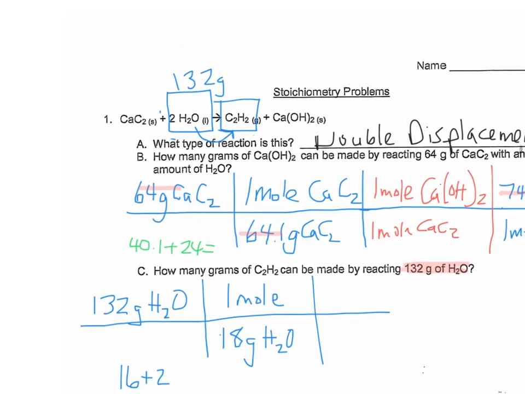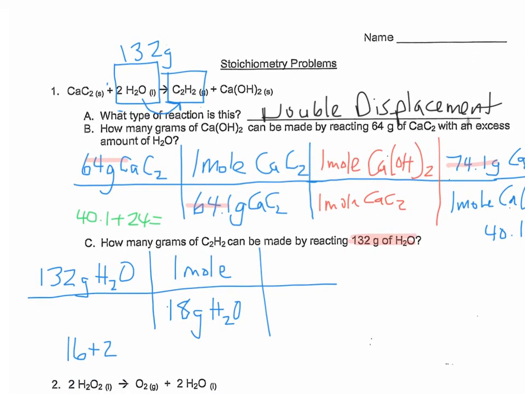So the thing that's new here is that if we look at our coefficients here, the number in front of water isn't 1, it's actually a 2. So for every 2 moles, that 2 is going to go on the bottom because I need moles of water to cancel. 2 moles of H2O, I'm going to have 1 mole. That number in front of C2H2 is still 1. I'm going to have 1 mole of C2H2.